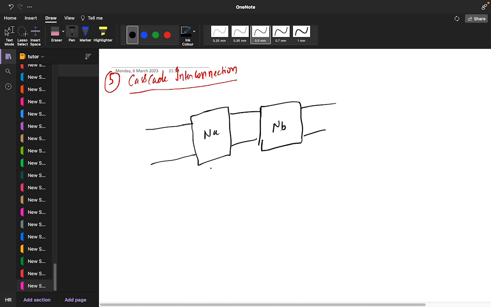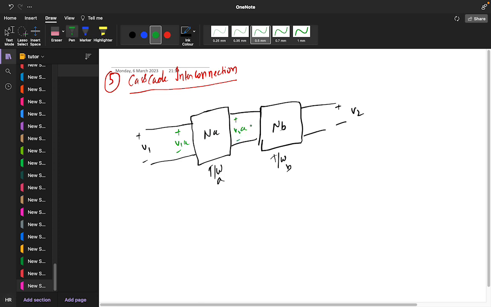This is two port network A, and this is two port network B. Positive negative V1 is here, and here we are taking positive negative V2. Now for port 1, this will be V1A, this one will be V2A, this one will be V1B, and this one will be V2B.